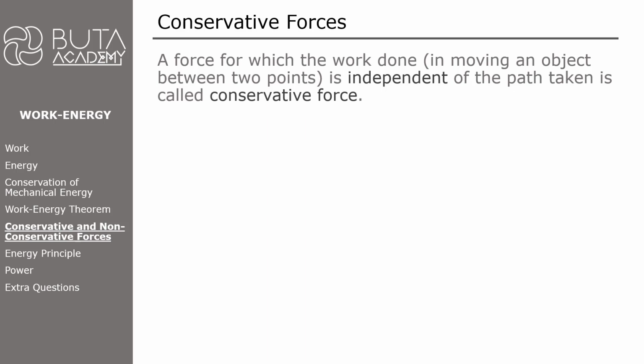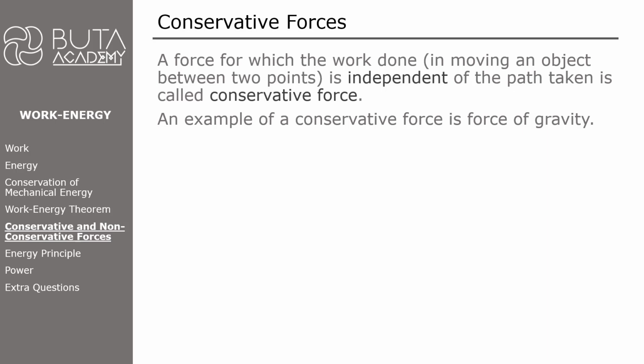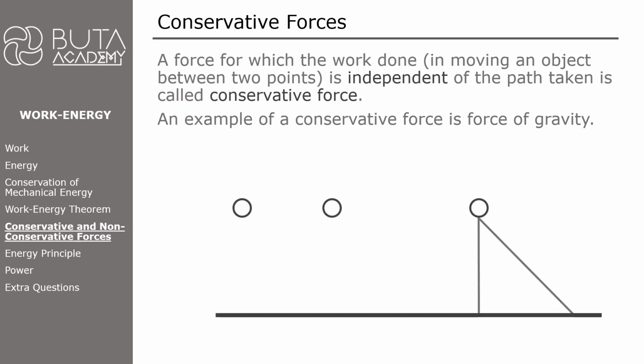Elastic force, electrostatic force, magnetic force, and nuclear force are some examples of conservative forces. The conservative force with which we will deal most in this topic is the force of gravity. Let's imagine three identical objects. All of them are at the same height from the ground.